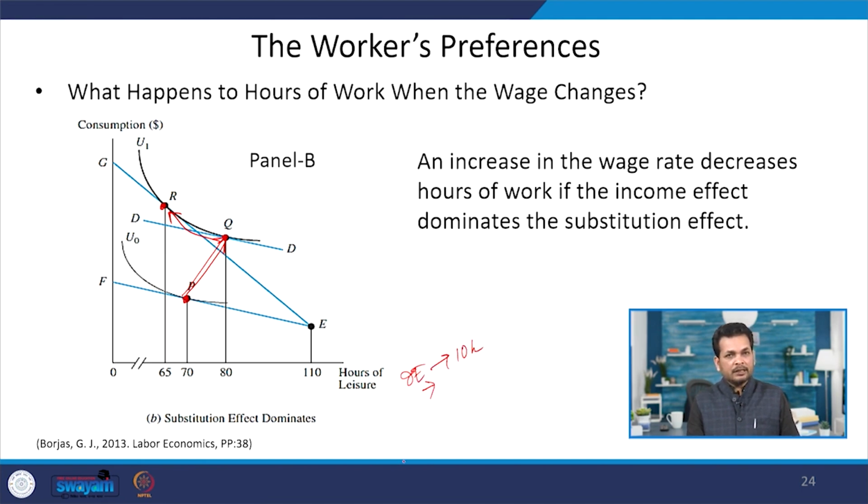However, in this case, you can see there is a strong substitution effect moving from point Q to point R. The substitution effect leads to a decrease in the leisure hours by 15 hours. So, the net effect is a decrease in the leisure hours, or an increase in the work hours. The reason for this ambiguity in the relationship between hours of work and the wage rate should now be clear.